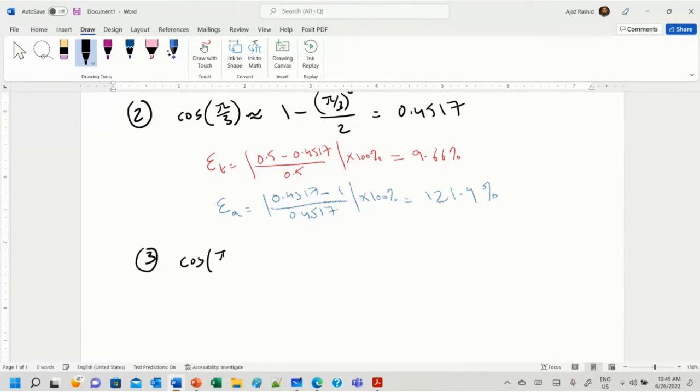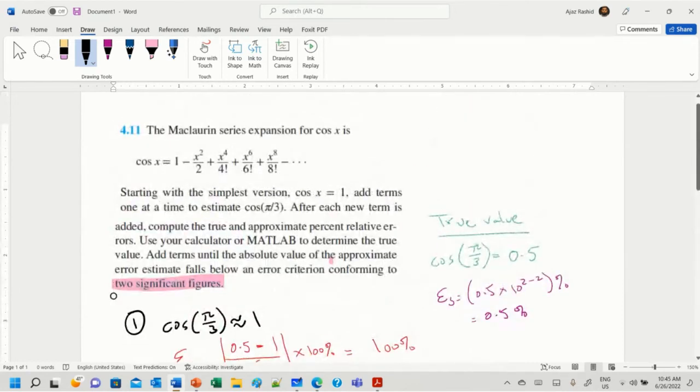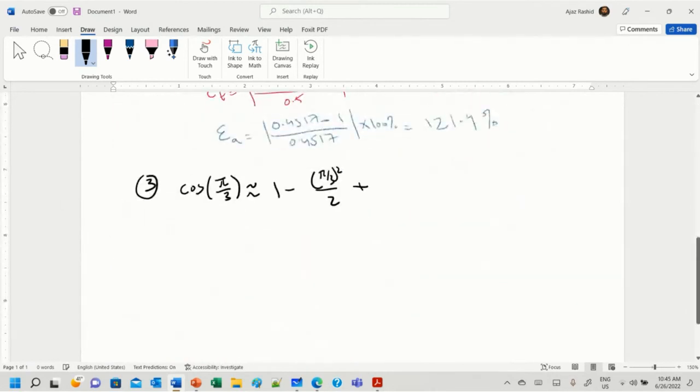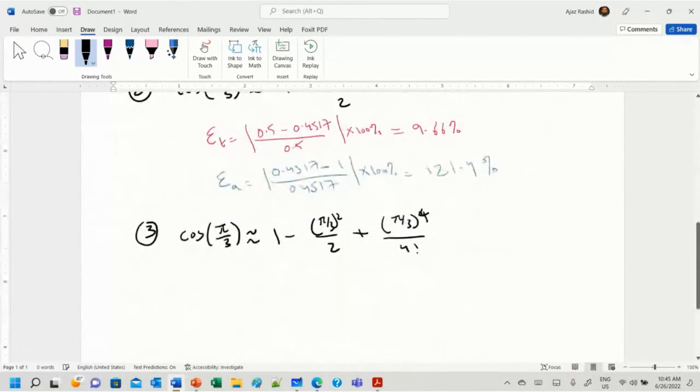So cosine pi by 3. Now adding one more term: 1 minus pi by 3 squared over 2, and please see now it's minus and then it becomes plus, plus pi by 3 to the power 4 over 4 factorial, not over 4, but over 4 factorial.